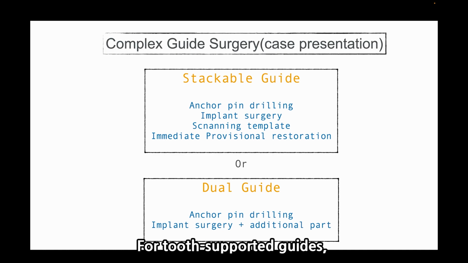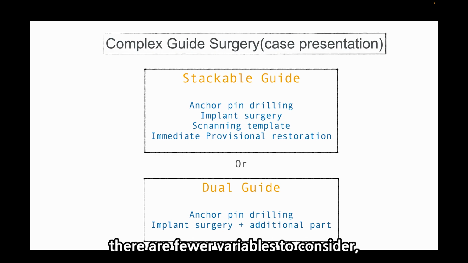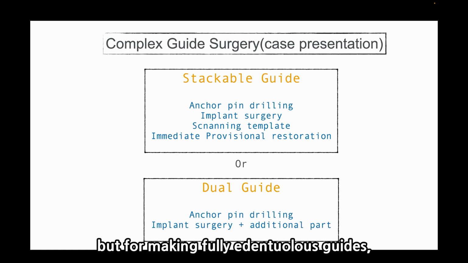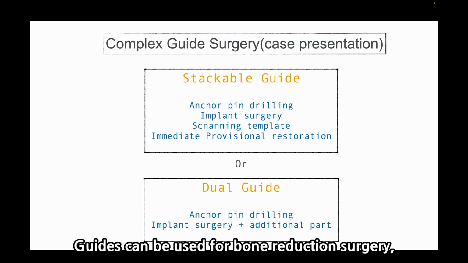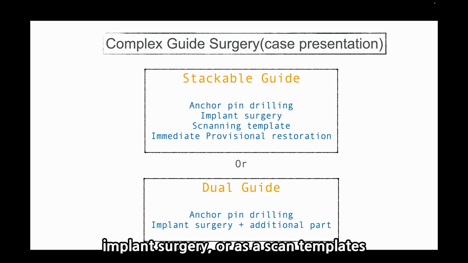For a tooth-supported guide, there are few variables to consider, but for making a fully edentulous guide, various options can be considered. Guides can be used for bone reduction surgery and implant surgery, or as a scan template to improve scan accuracy.